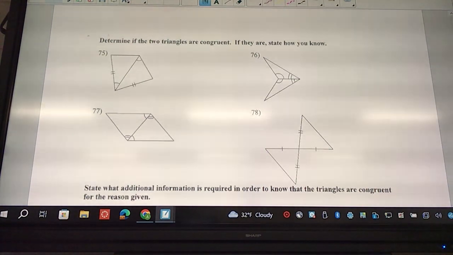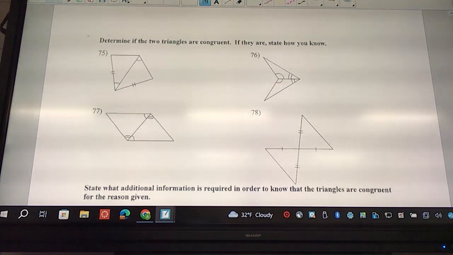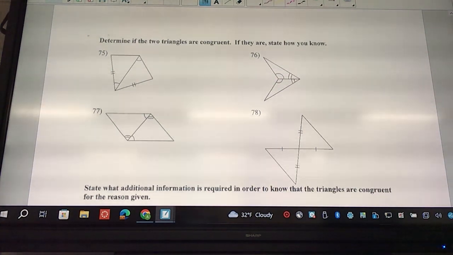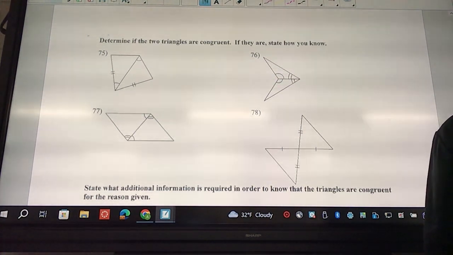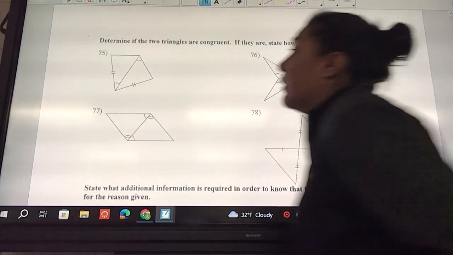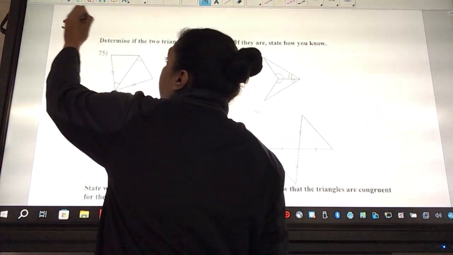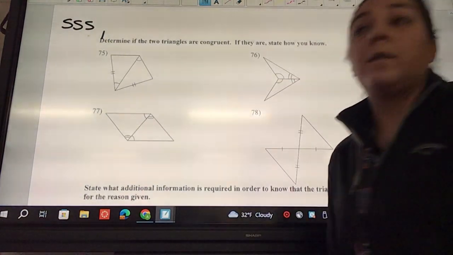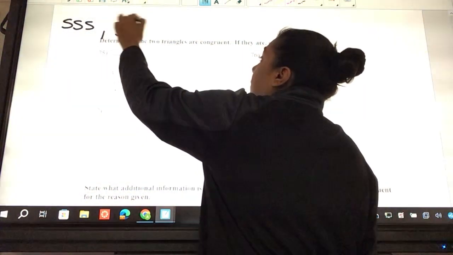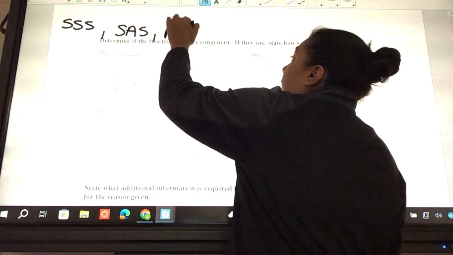Okay, 75. Determine if the triangles are congruent. What are the options here? I'll give you one. Side, side, side. Side, angle, side. Angle, side, angle.